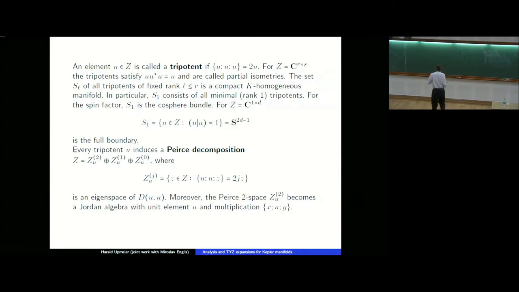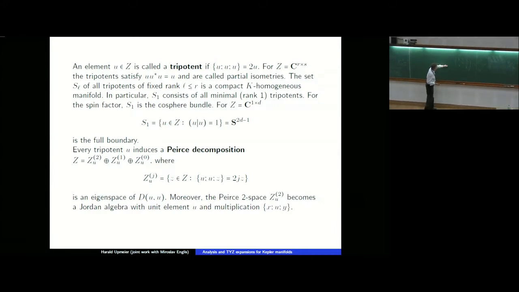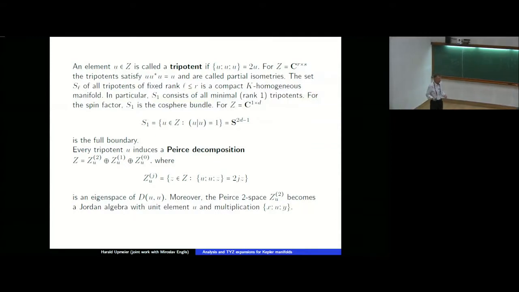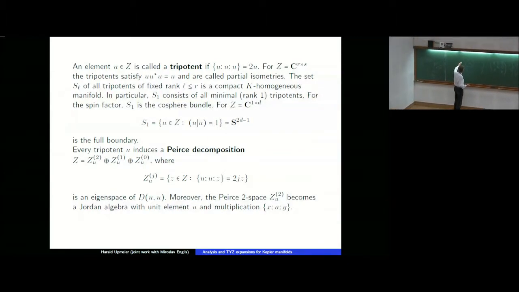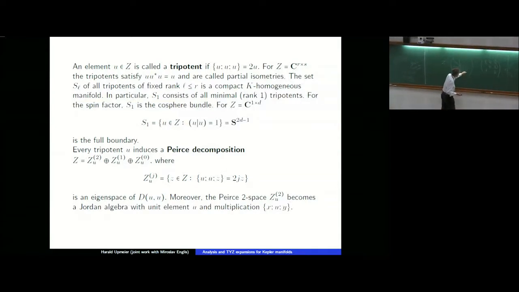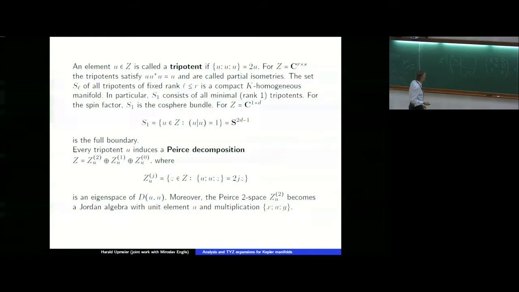So what is the Pierce decomposition for a matrix? It's very easy. If U is the basic tripotent, namely you take a number of ones along the diagonal, that is what you would do for projections, okay? Then the Pierce 2 space is precisely this corner. That is the Pierce 2 space. The Pierce 0 space is over here, kind of opposite, and the rest is the Pierce 1 space.